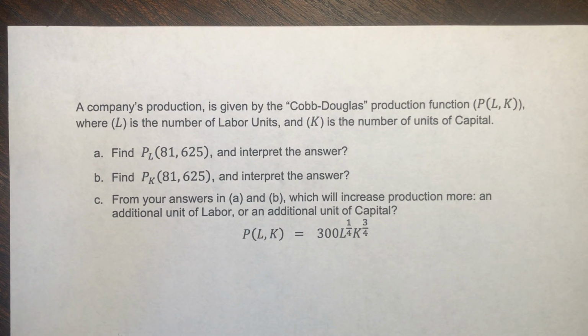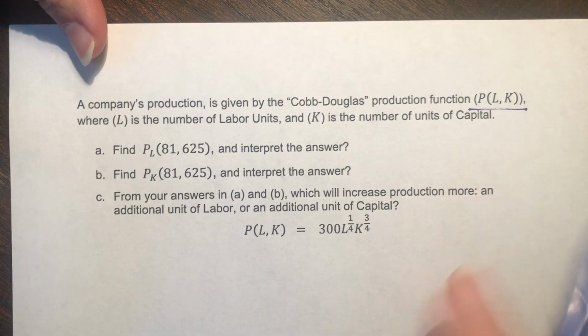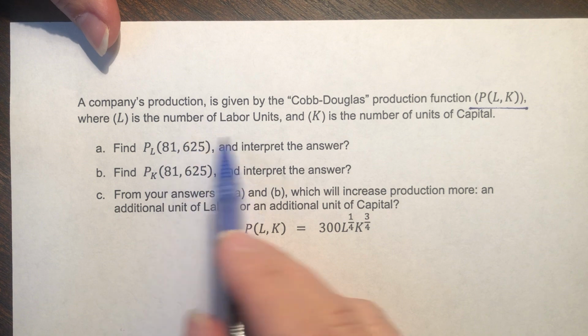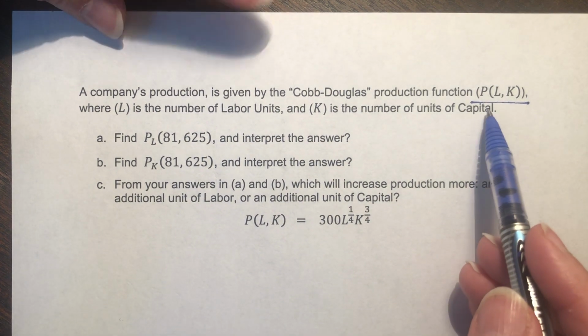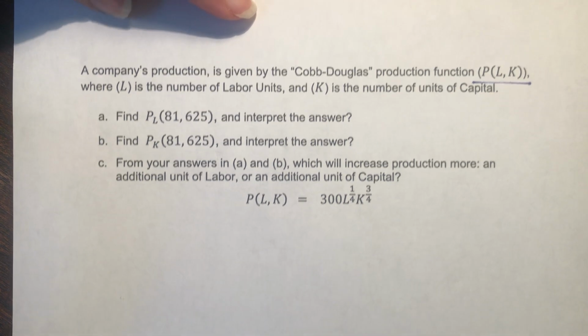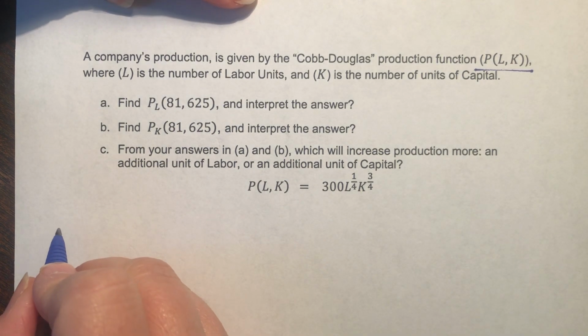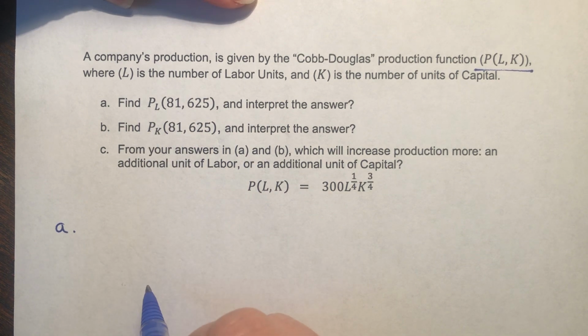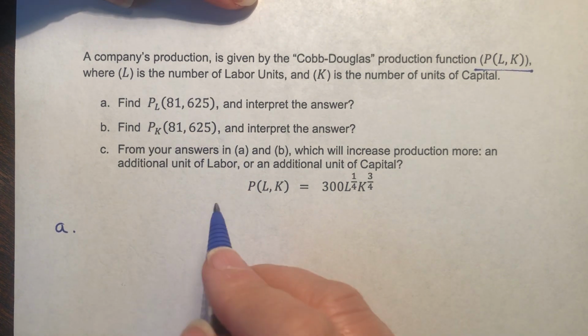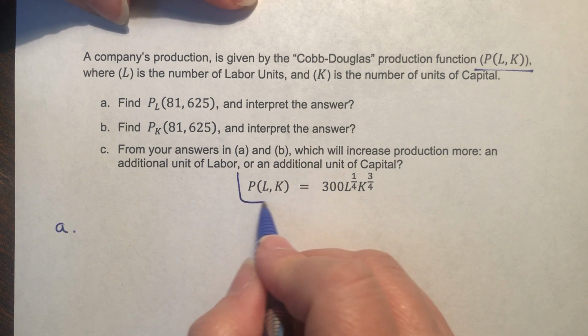The first one, here's a Cobb-Douglas function. L is the number of labor units and K is the number of units of capital. And P is the production function I introduced to you last section. It says find both these numbers and interpret the answer.